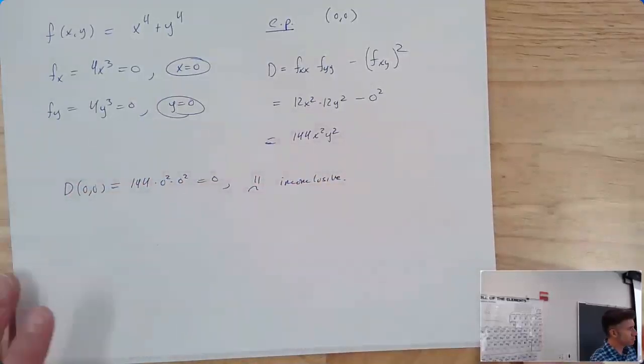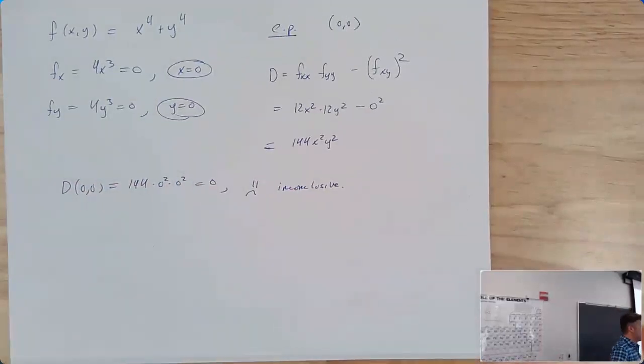However, we're observant people. You can see things. X to the fourth plus y to the fourth. No matter what you plug in for x and y, other than 0, 0, the result's always going to be positive. Anything for x to the fourth is positive. Anything for y to the fourth is positive. X to the fourth plus y to the fourth is definitely positive, unless x and y are both 0.